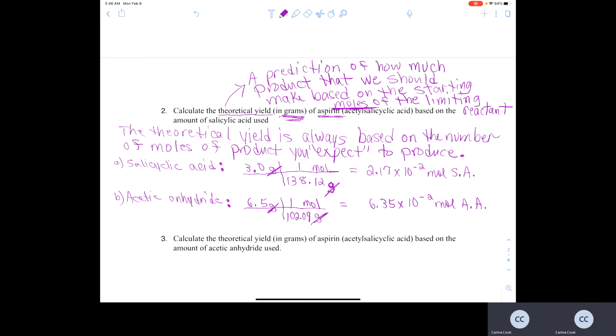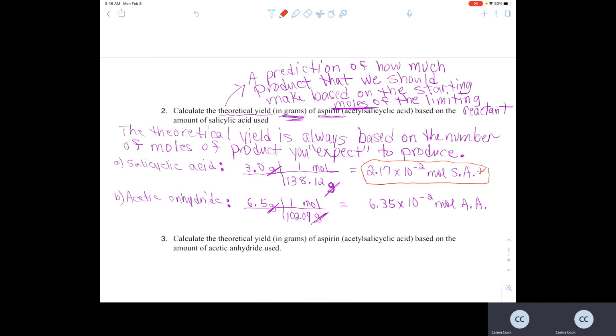So after you calculate the number of moles of each reactant, then you can determine the limiting reactant. The limiting reactant is going to be the one that's the smaller molar amount. So when you compare 2.17 times 10 to the negative 2 moles of salicylic acid with 6.35 times 10 to the negative 2 moles of acetic anhydride, you start out with a smaller molar amount of the salicylic acid.